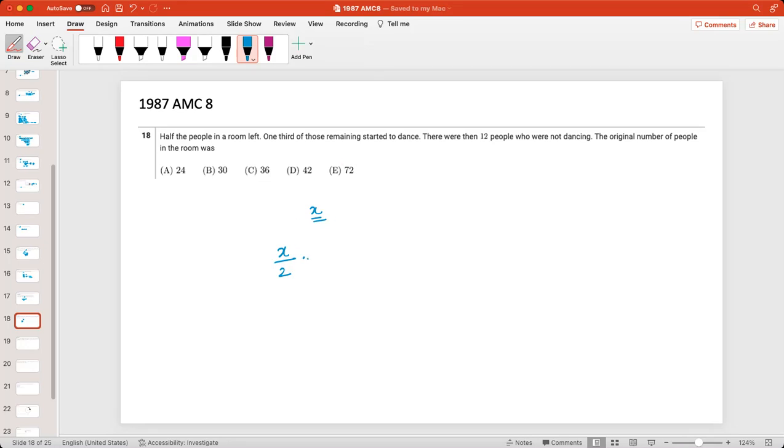1/3 of those remaining started to dance. So X by 2 minus 1 by 3 started to dance. So let's find out how much is this.